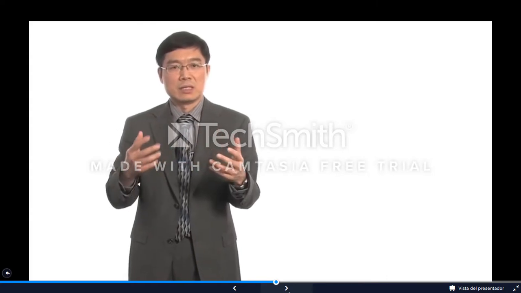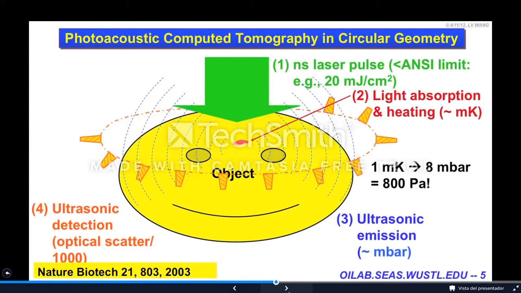When light is absorbed, it generates transient heating. For every millidegree temperature rise, you can create about 8 millibars pressure rise. That's really great news for us because we can receive the emitted ultrasound signal. Ultrasound scattering is about 1,000 times weaker than optical scattering. As a result, we can get a very good image.